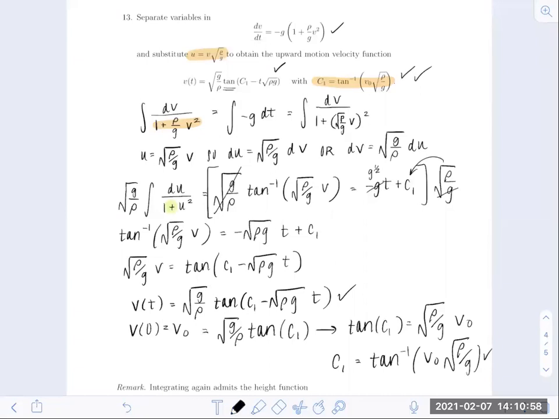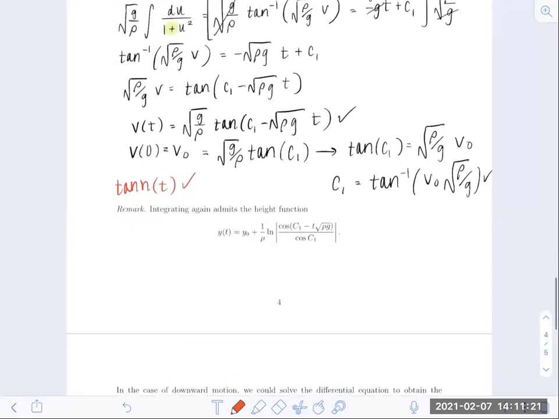And so instead of tangent inverse here, you're going to be working with the hyperbolic tangent. So if you're not familiar with that function, that's okay. There should be formulas for integration in the end papers of the textbook, and you can refer to that, all right? But just be aware that there's a hyperbolic trig function popping out.